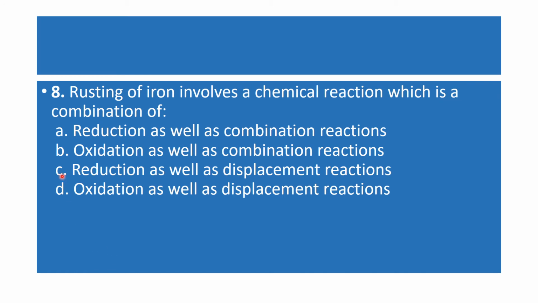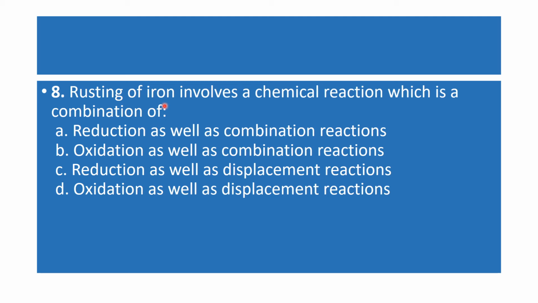Next is, rusting of iron involves a chemical reaction which is a combination of reduction as well as combination reactions, oxidation as well as combination reaction, reduction as well as displacement reaction, oxidation as well as displacement reaction. Always remember, when iron gets rusted, it reacts with oxygen as well as absorbs water.